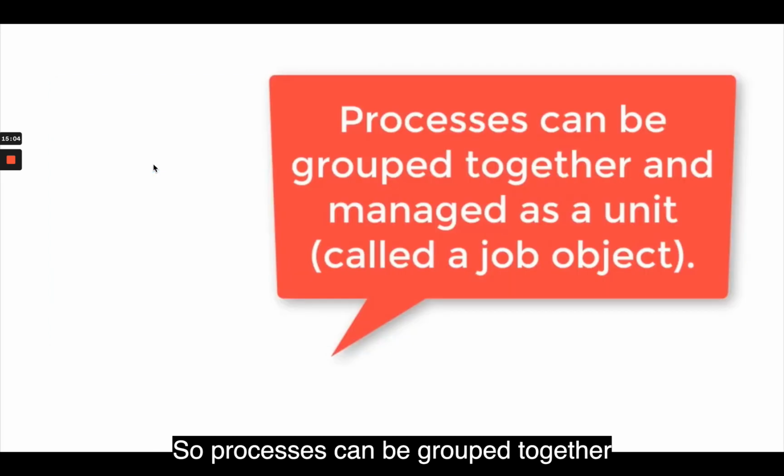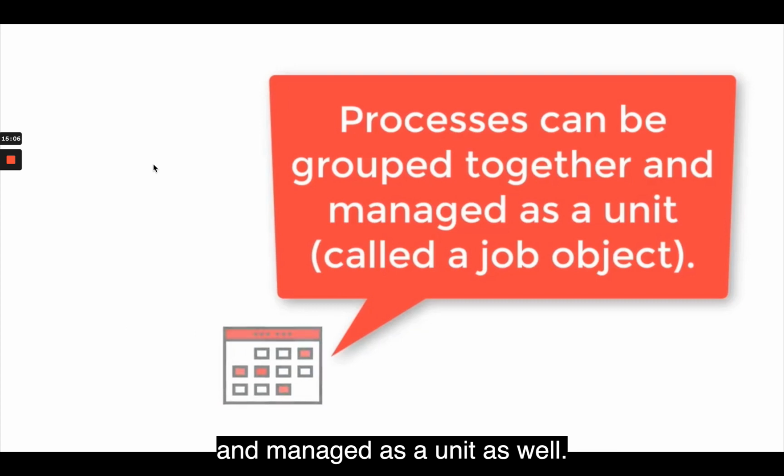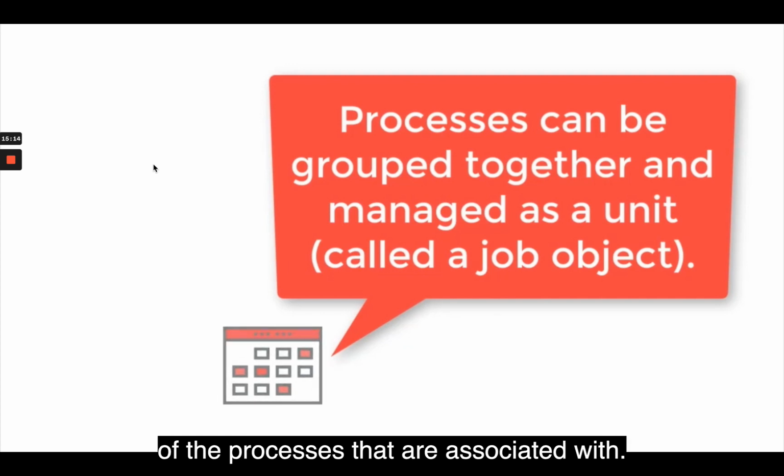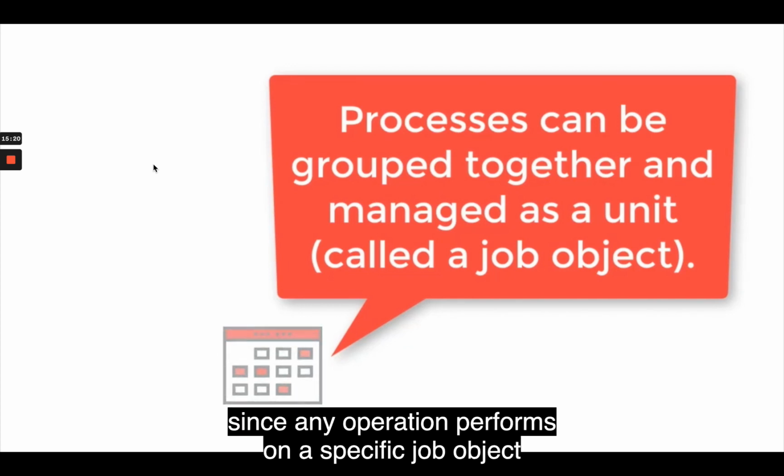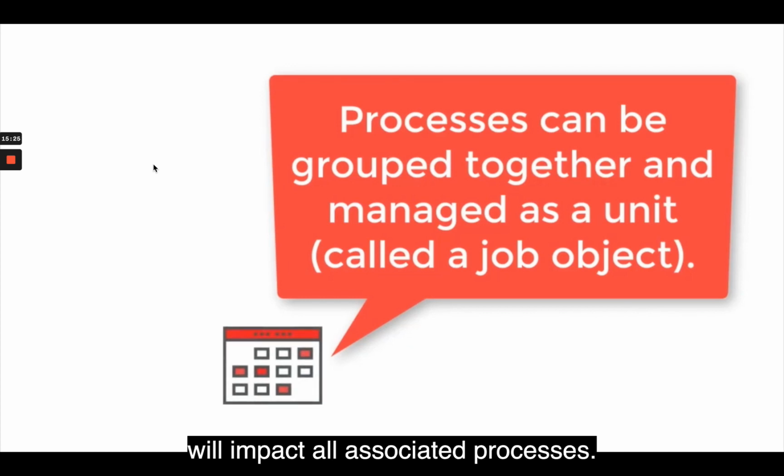So processes can be grouped together and managed as a unit as well, right? So this is called a job object and can be used to control attributes of the processes that are associated with it, right? So grouping processes together simplifies things, since any operation performed on a specific job object will impact all associated processes.